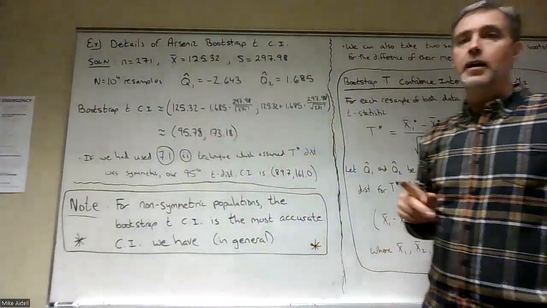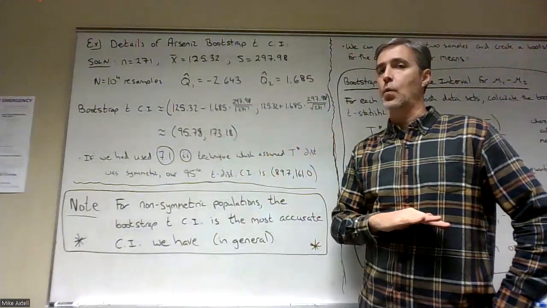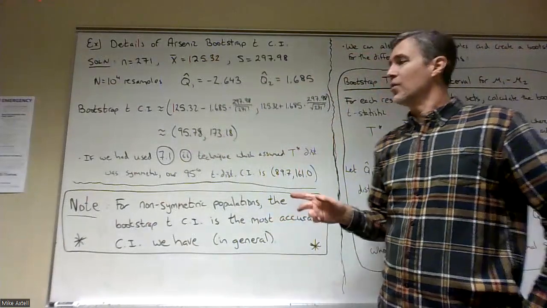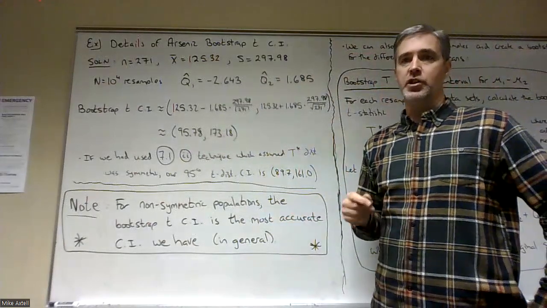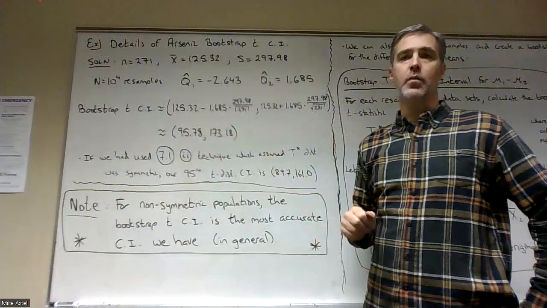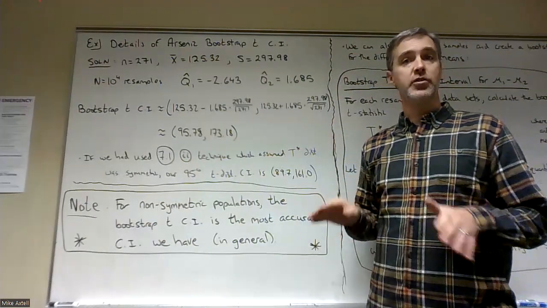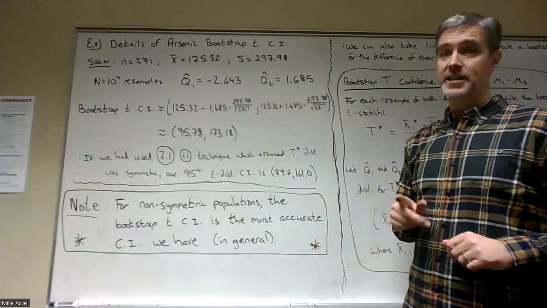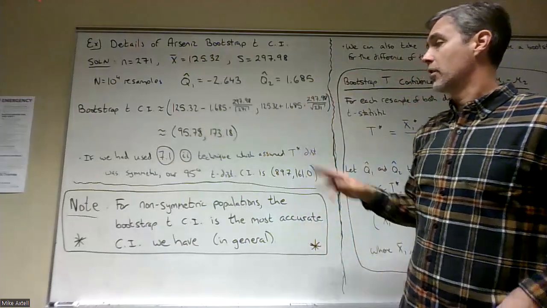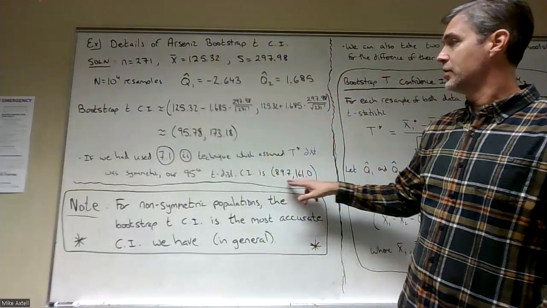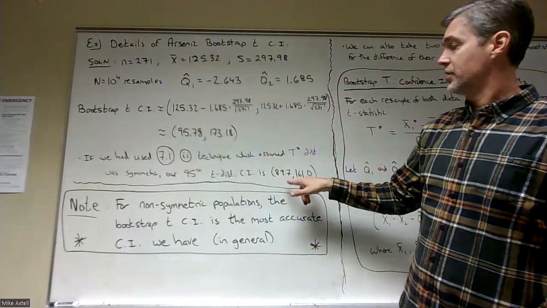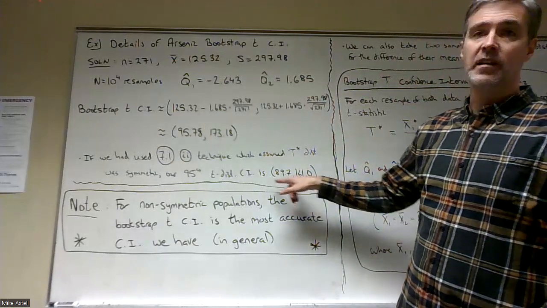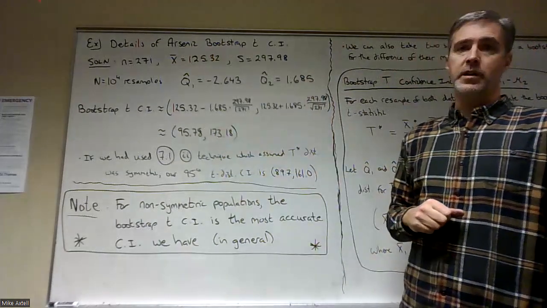All right, now, if you recall, the arsenic data was way not symmetric. So if we had used the technique from section 7.1, the second technique where we used the T distribution itself, which assumed symmetry, then our confidence interval would have been from 90 to 160. And as you see, that certainly shifted left from our bootstrap T confidence interval.